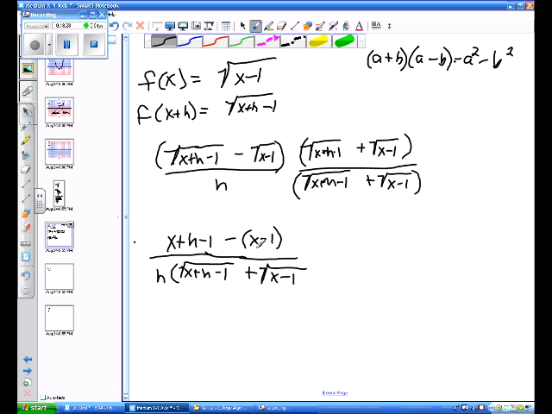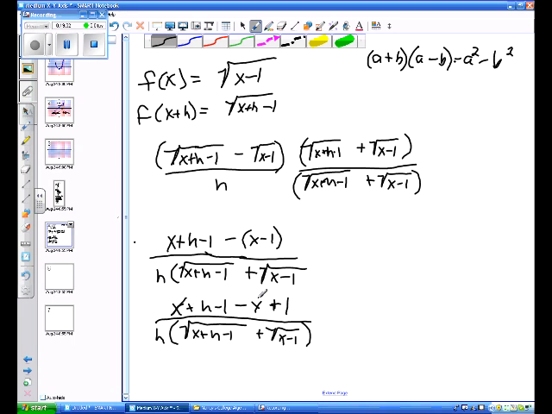Okay, now when I remove my parentheses, I'm going to have x plus h minus 1 minus x plus 1 over h times the square root of x plus h minus 1 plus the square root of x minus 1.